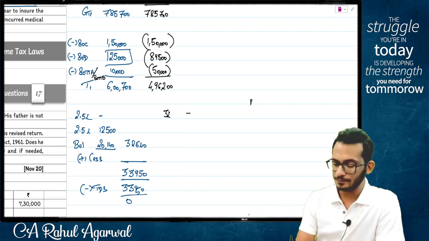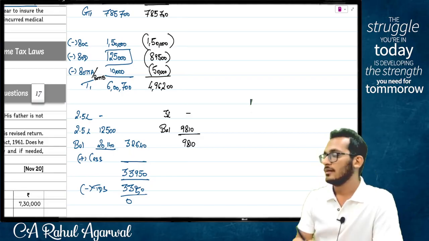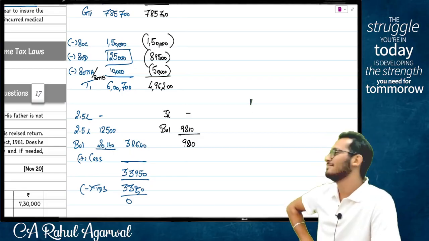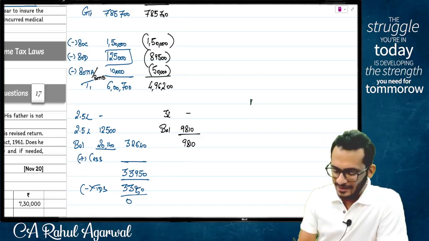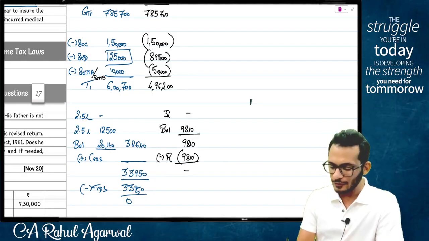The number becomes 9,810. My total tax becomes 9,810. I claim a rebate of 9,810. Just because I start, you don't conclude. The number becomes 0. People, my tax is now 0.